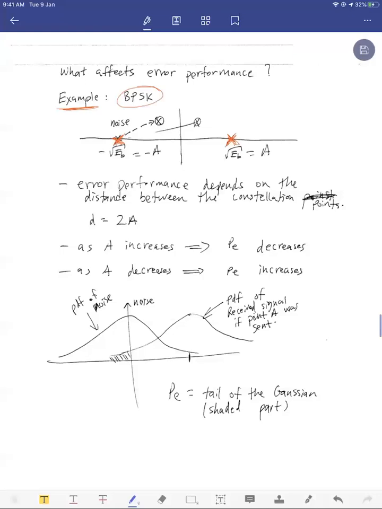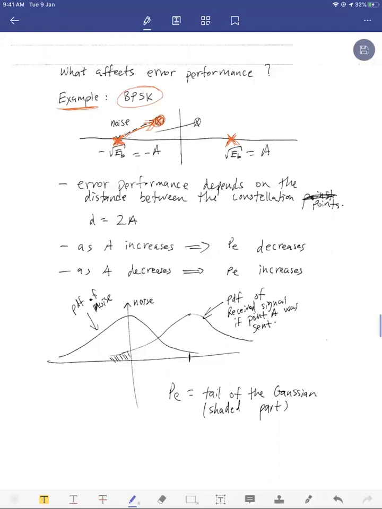So what's going to happen is, let's say I transmit minus A. In signal space, my constellation point is going to get pushed around. So instead of receiving minus A, the original point, I'm going to receive something else, which I am kind of drawing right here.